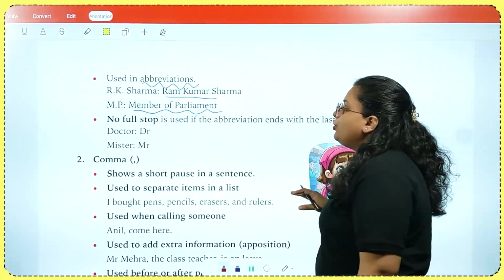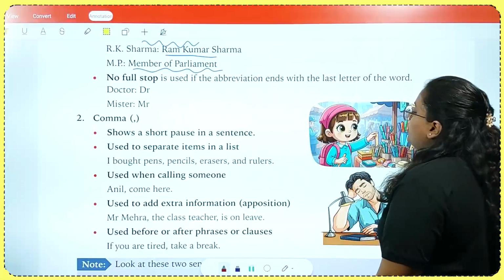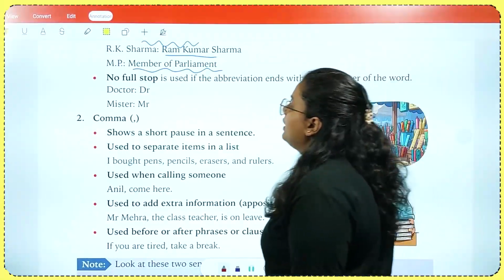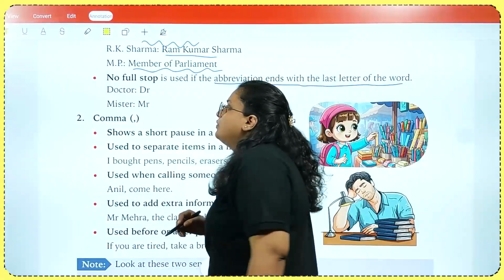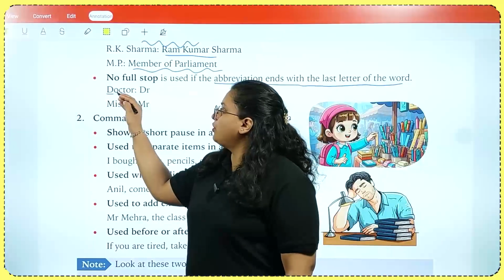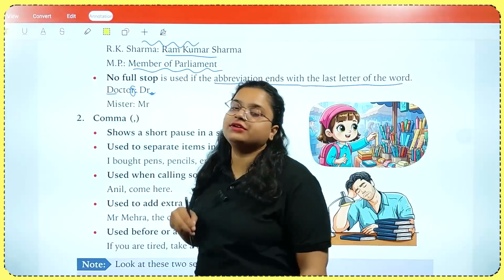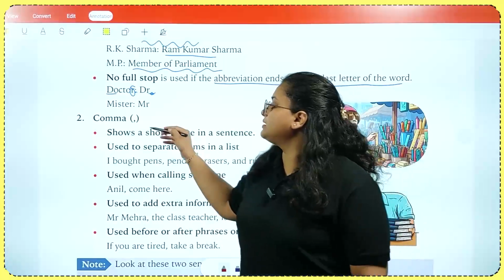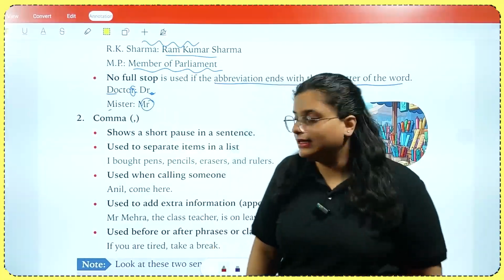Okay, no full stop is used if the abbreviation ends with the last letter of the word. Okay, अगर abbreviation के end में full stop कब नहीं यूज होगा, जब last letter से आएगा. डॉक्टर DR लास्ट वर्ड आ गया तो यहाँ फुल स्टॉप लगाने की जरूरत नहीं है. मिस्टर MR लास्ट वर्ड आया तो फुल स्टॉप नहीं लगेगा.